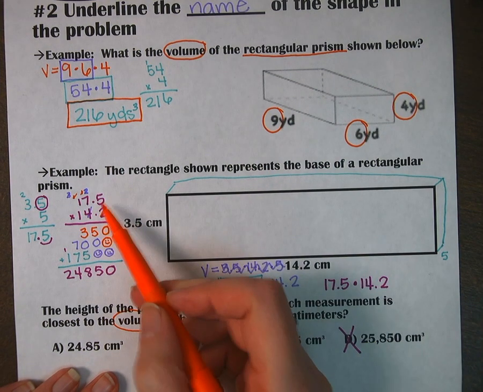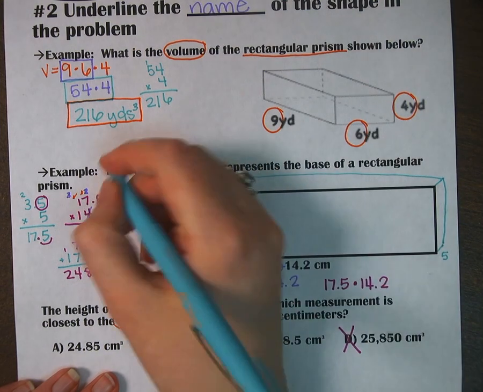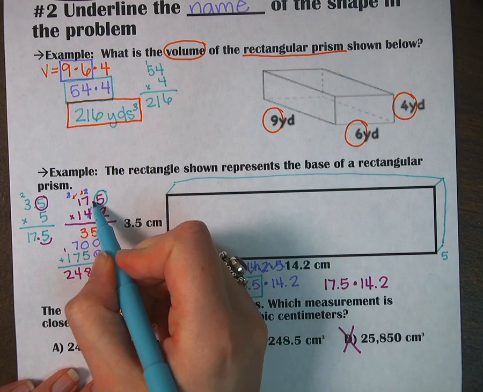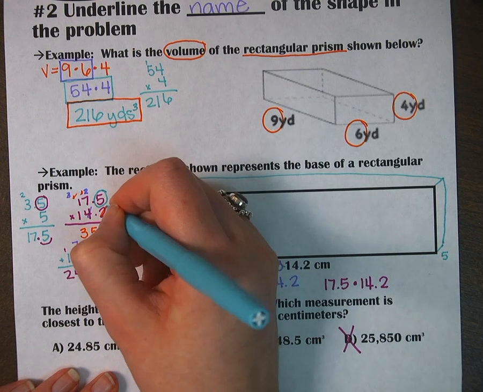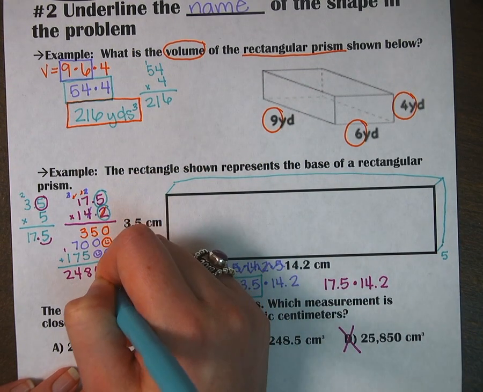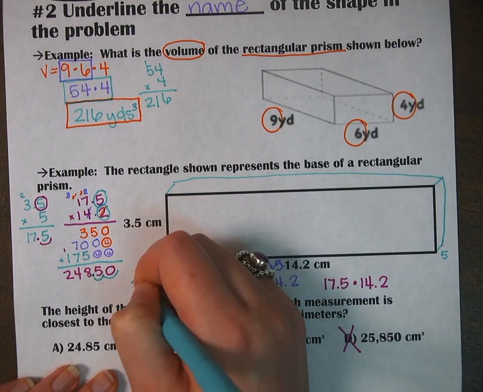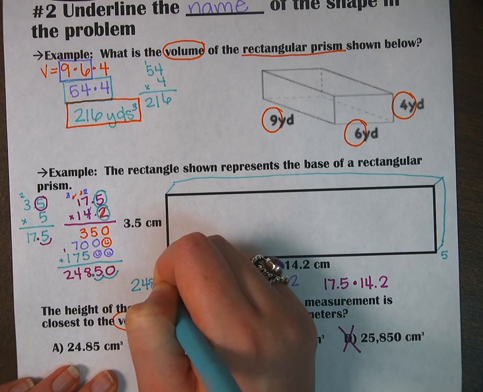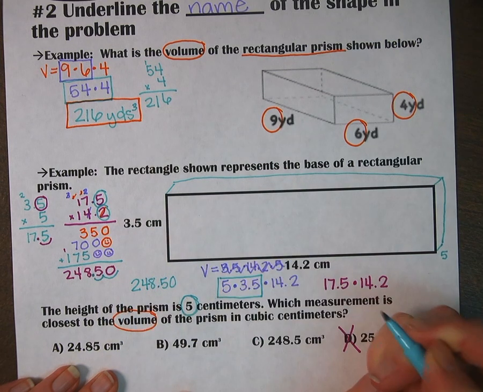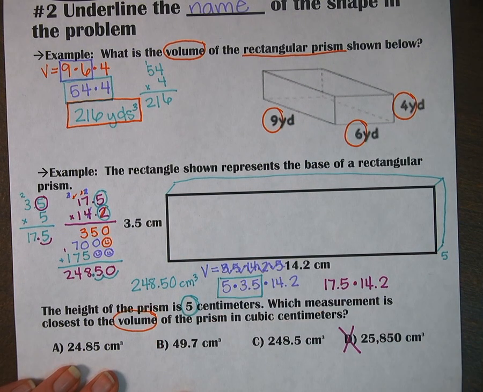So I need to go back up here, and I'm going to circle the numbers behind the decimal. So the 5 is behind my decimal, and the 2 is behind my decimal. So that means I need 2 hops into my answer. So I have 248.50 centimeters cubed.